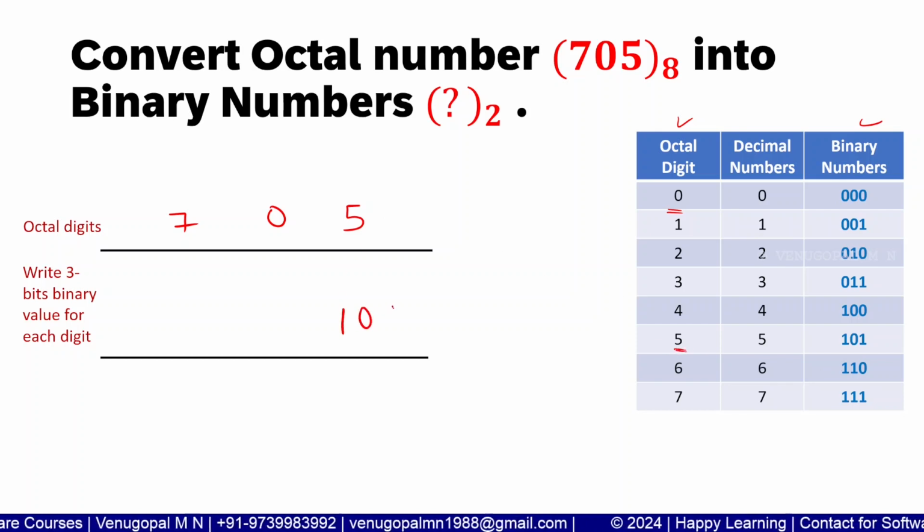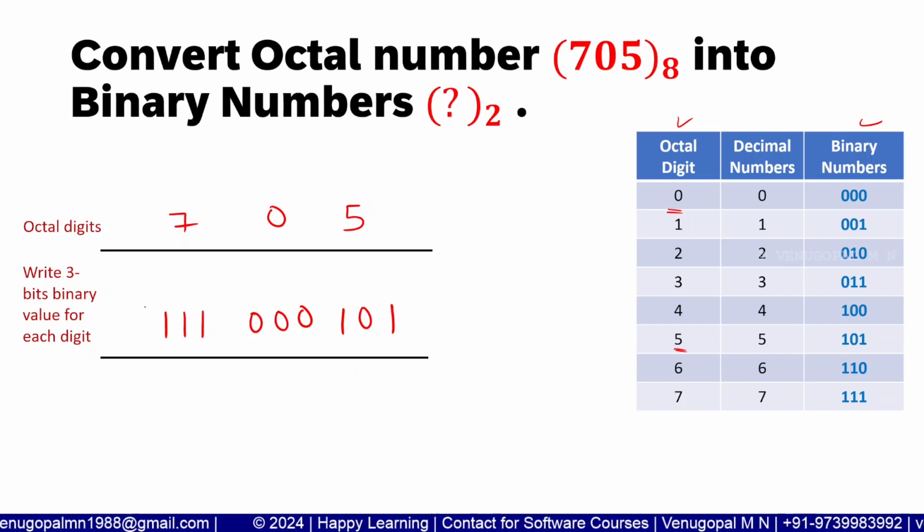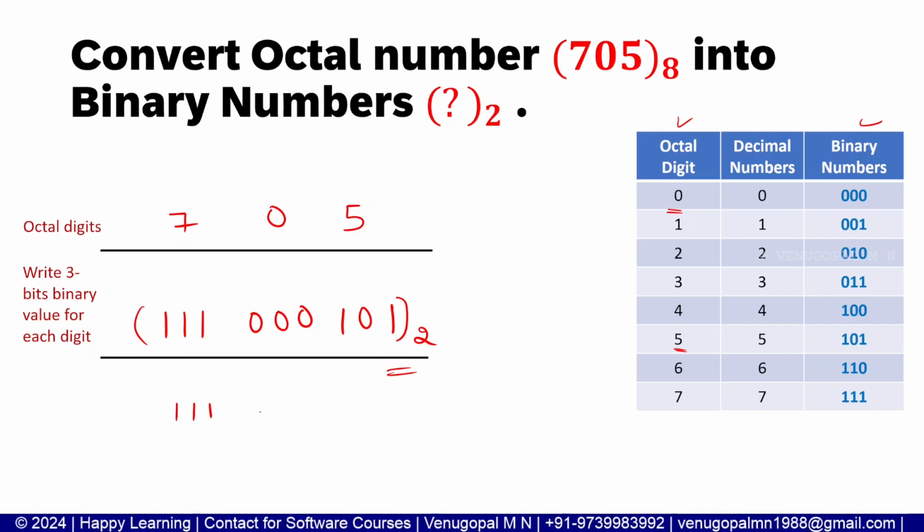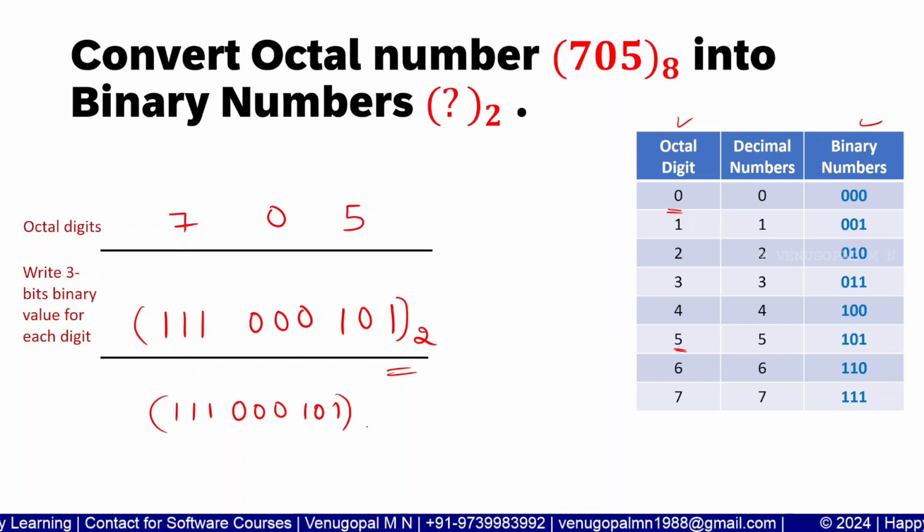Write down 101, followed by the equivalent of 0 in binary. Write 3 digits, 000. For 7 it is 111. So this is the binary equivalent of the octal value. All we have to do is group these digits: 111 000 101. This is the binary equivalent of 705.